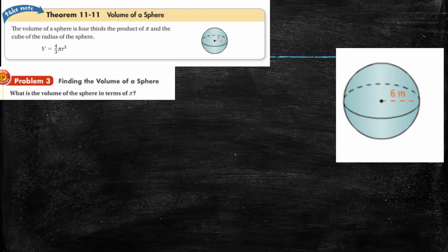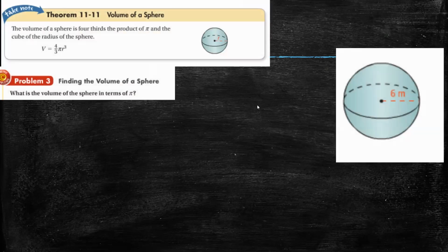To find the volume, we only need the radius. So by now, the surface area is 4 pi r squared, and the volume is 4 over 3 pi r cubed. This is the surface area, and this is the volume of the sphere.